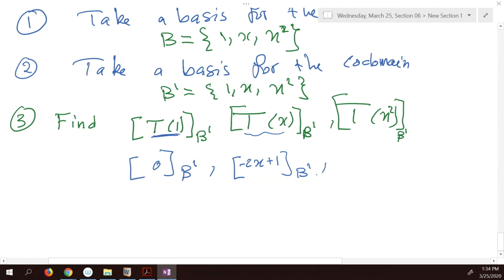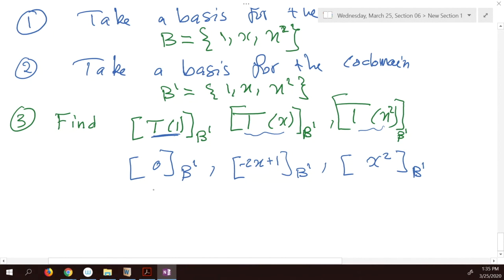Yes. Now, what about T(x squared)? What's the coordinate vector of T(x squared)? What is T(x squared)? x squared. Okay, good. So that is x squared.